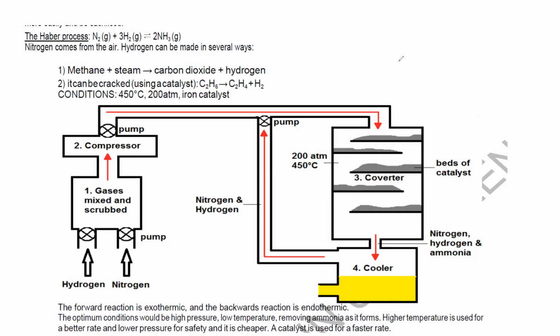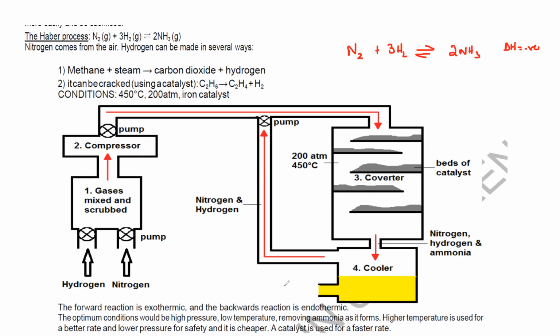So the manufacture of ammonia is by the Haber process, a reversible reaction. When we have a nitrogen molecule reacted with hydrogen, as a result when they combine it will give 2NH3. And the energy change or enthalpy change for this reaction is negative. It means the forward reaction is exothermic.